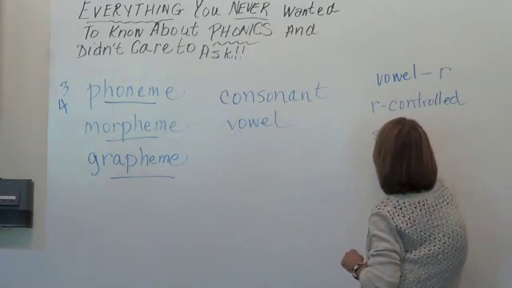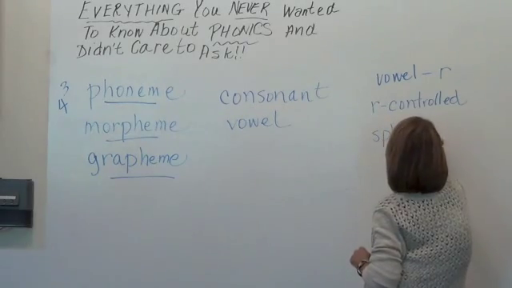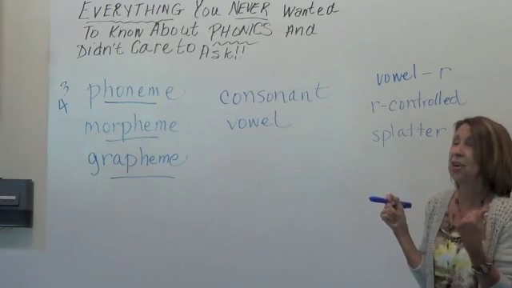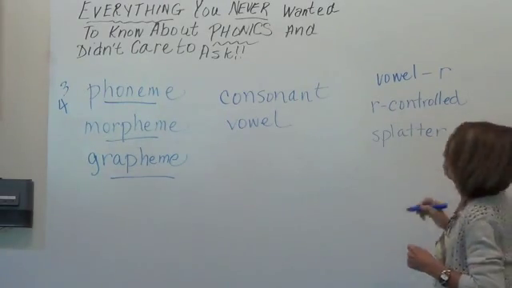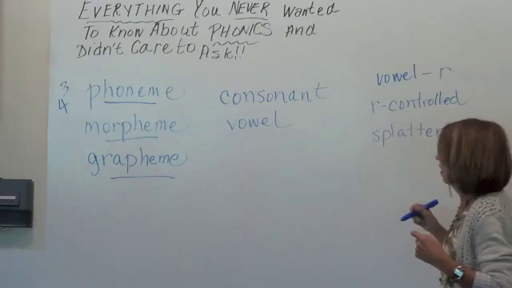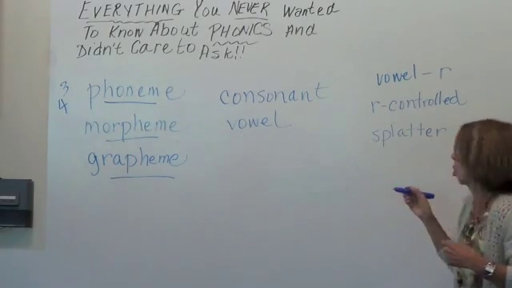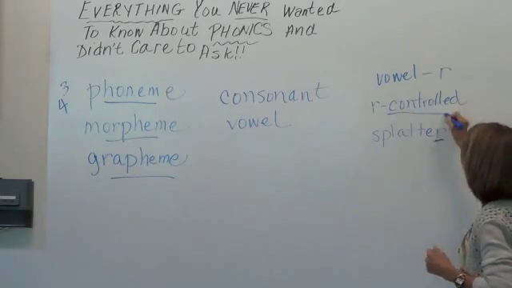Like in splatter. Does that E have a long or a short sound? We don't say "splate-r," right? It doesn't have a long sound. It doesn't have a short sound. You can't even do a short sound when it's followed by an R. That's why we call it R-controlled.